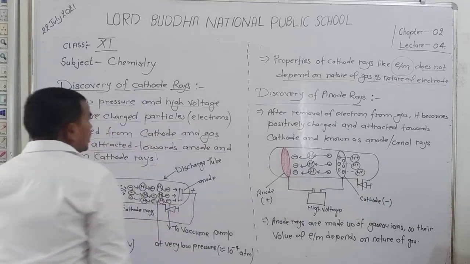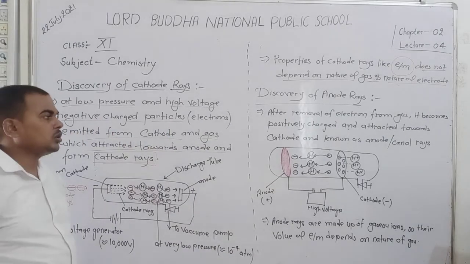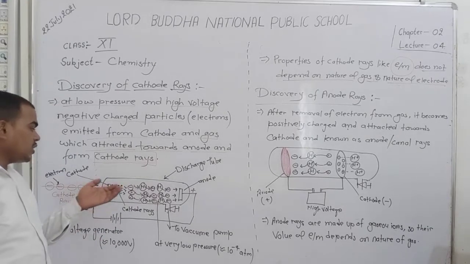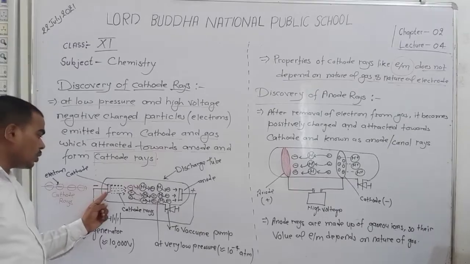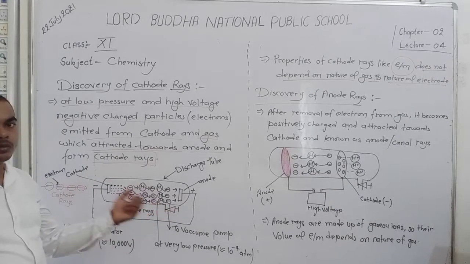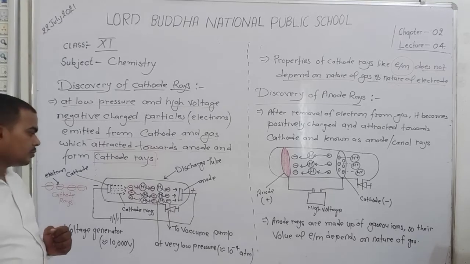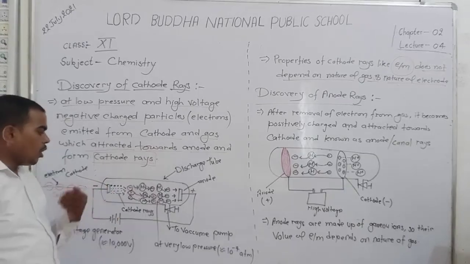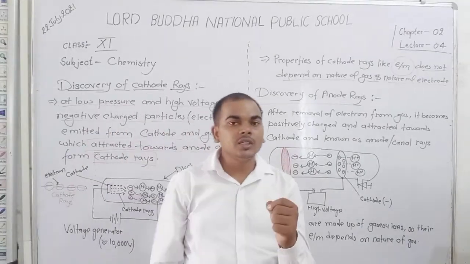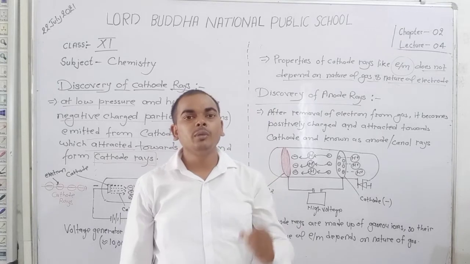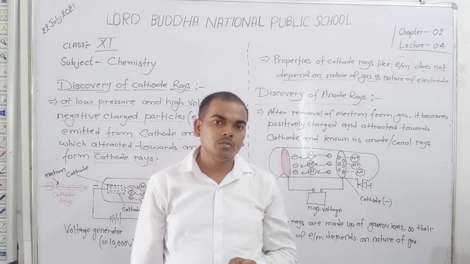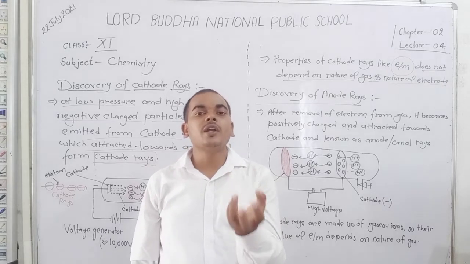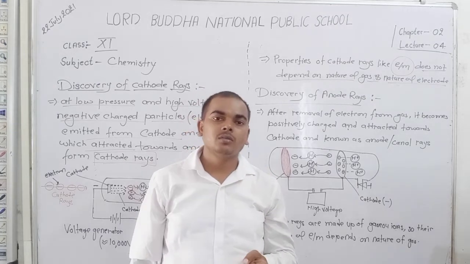Dear students, the charge by mass ratio of the electron does not depend upon the gas present here or the metal used for the electrode, because all metals, all gases, all elements consist of electrons, which have similar properties: a constant value of charge and a constant value of mass.